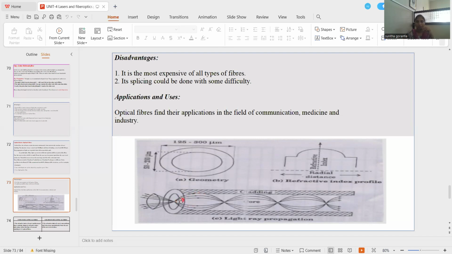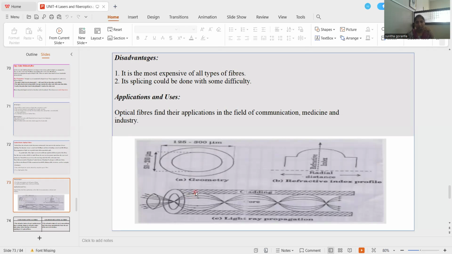See this, the first ray travels in the shorter path. Here the ray travels in the longer path. But at the output, both rays are received at the same time. Why? Because here the refractive index is high, that's why the light velocity is decreased.